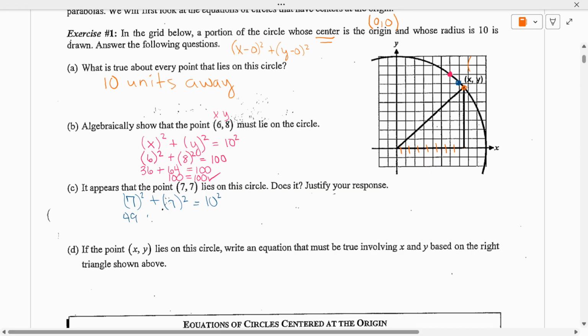But that's 49 plus 49 equals 100. And 49 plus 49 is 98. 98 does not equal 100. So does it lie on the circle? No. Sorry, 7, 7 is not on the circle. That's funny that I called it a square.